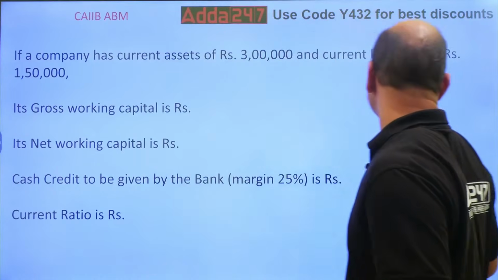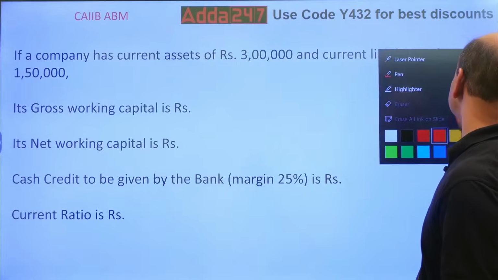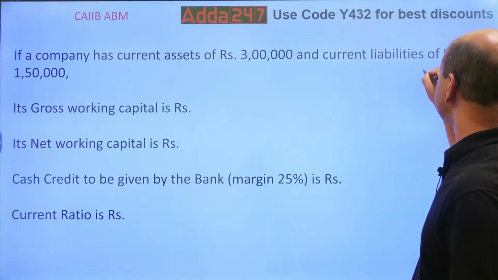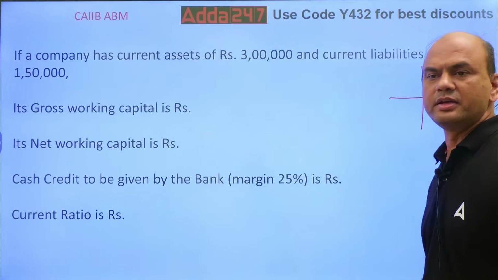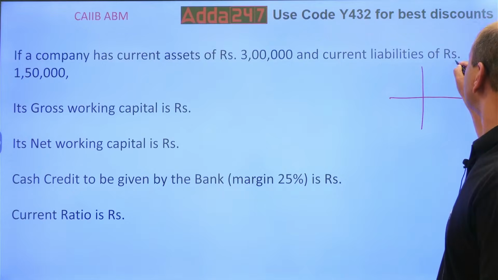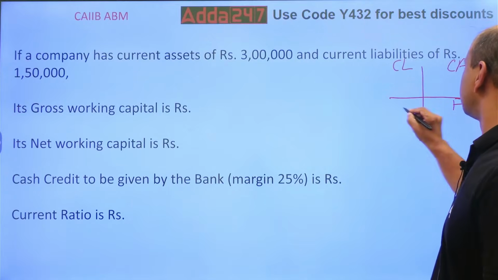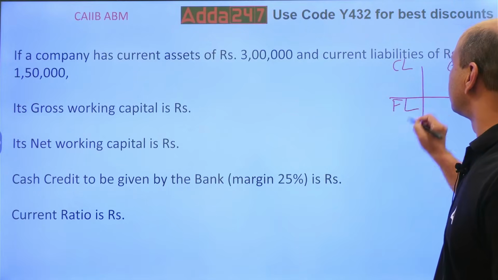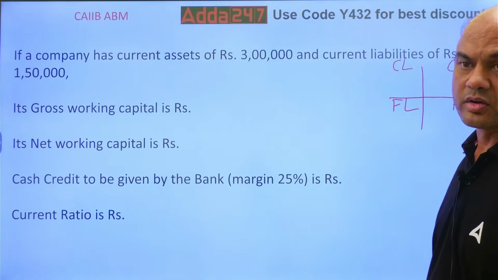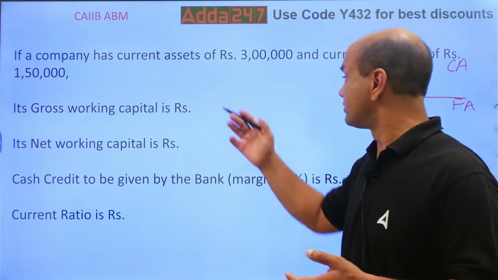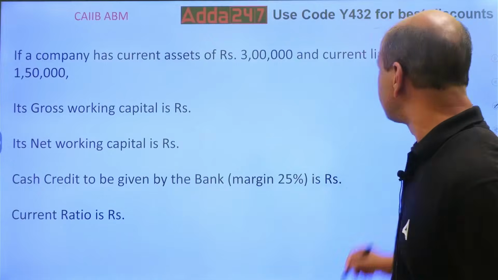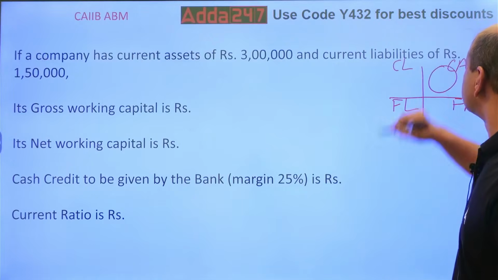See, suppose if I show you over here, let's say this is my balance sheet. Current assets, current liabilities, fixed assets, fixed liabilities, or long-term liabilities we call it. What is your gross working capital? Gross working capital is complete current assets.